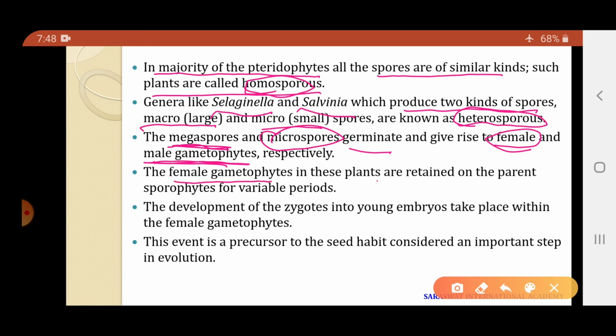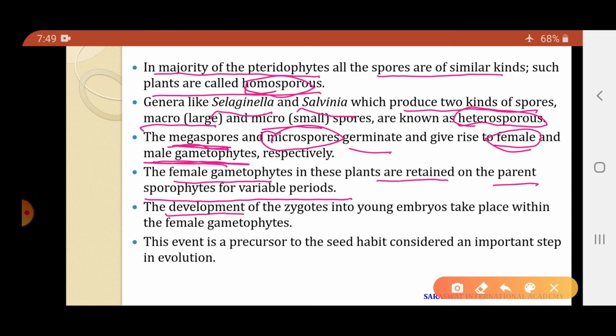Now this female gametophyte, they are retained on the parent sporophyte for the variable periods. यानी जो हेटेरोस्पोरस टेरिडोफाइट्स है उसमें से जो मेगास्पोर्स फीमेल गैमेटोफाइट डेवलप करने वाला है, वो फीमेल गैमेटोफाइट जब उसका डेवलपमेंट होता है तो किसके ऊपर डेवलपमेंट होता है, स्पोरोफाइट. अब तक हमने ये देखा टेरिडोफाइट में कि नॉर्मली गैमेटोफाइट एंड स्पोरोफाइट दे आर इंडिपेंडेंट ऑफ ईच अदर, बट इन द हेटेरोस्पोरस pteridophyte the female gametophyte is retained on the sporophytic plant. यानी in the heterosporous pteridophytes the female gametophyte is developed on the sporophytic plant. वो independent नहीं होता है.